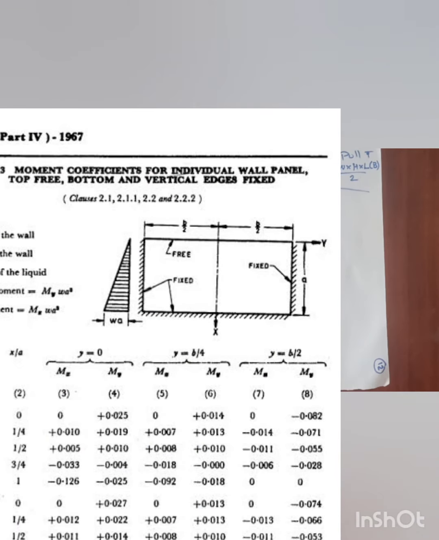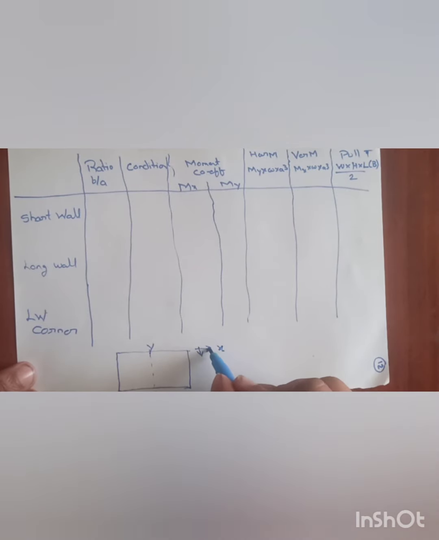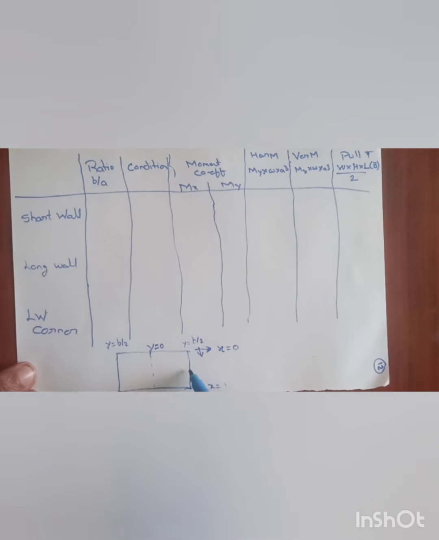So let this be y and let this be x. Here y is equal to 0. At this condition y is equal to b by 2. Here also y equals b by 2. x at this position is 0. Here x is equal to 1.